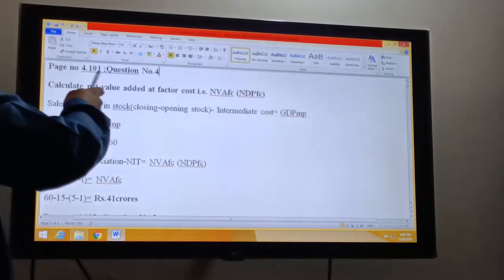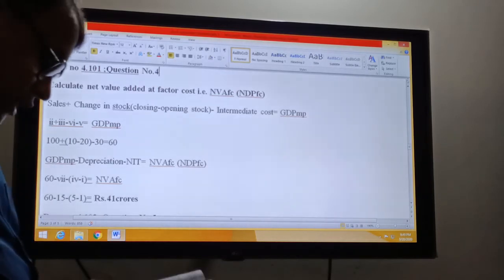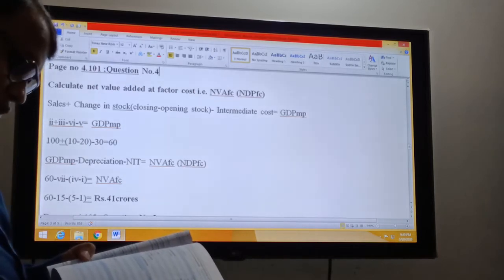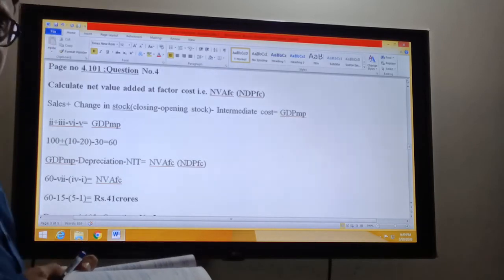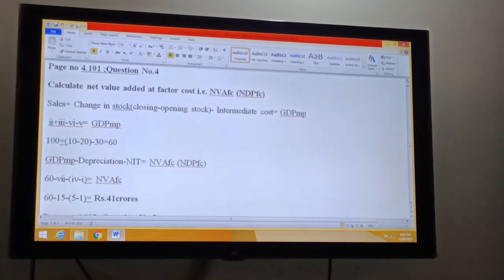I mentioned the page number and question number. In this question also we'll have to get NVFC, that is NDPFC, and I read the statement. You are given subsidies, sales, closing stock, IT, intermediate consumption, opening stock, consumption of fixed capital. These 7 items are given. We'll start the same again. We'll take the first step.